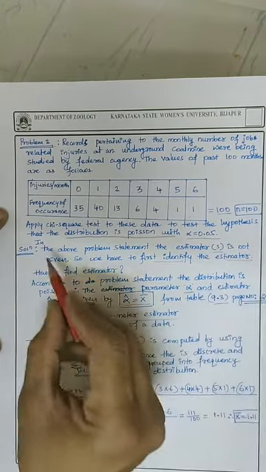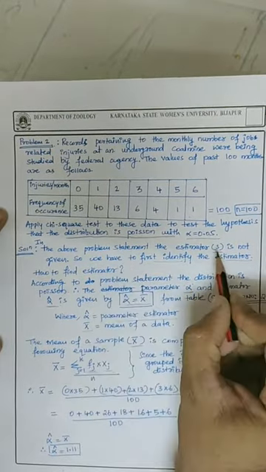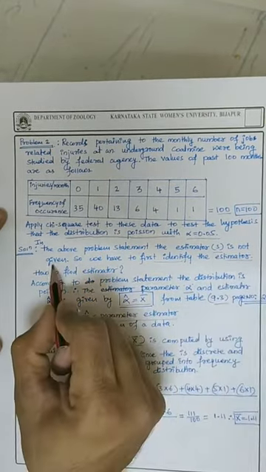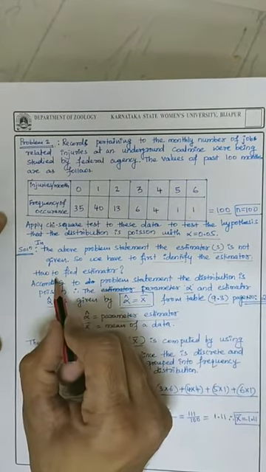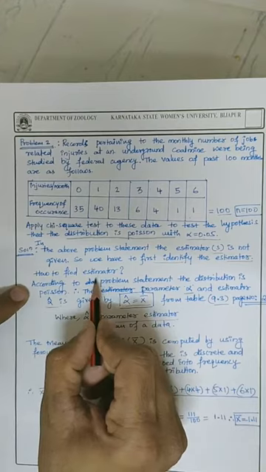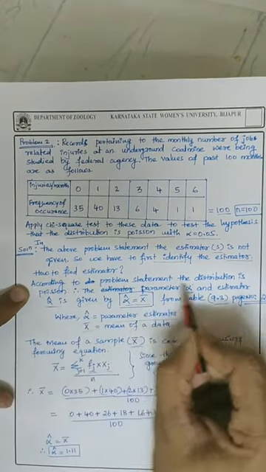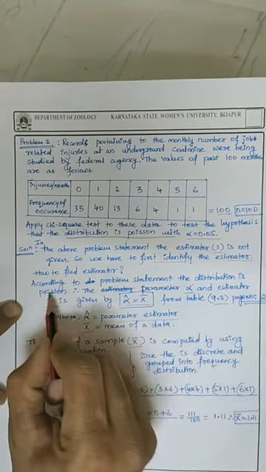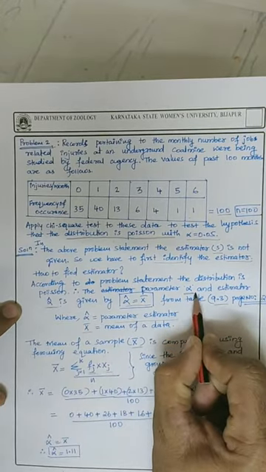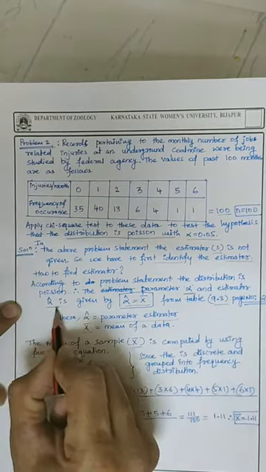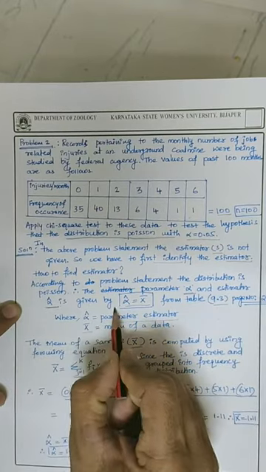significance. In the above problem statement, the estimator is not given. So we have to first identify the estimator. How to identify the estimator? According to the problem statement, the distribution is Poisson. So the parameter alpha and the estimator alpha cap is given by what here?